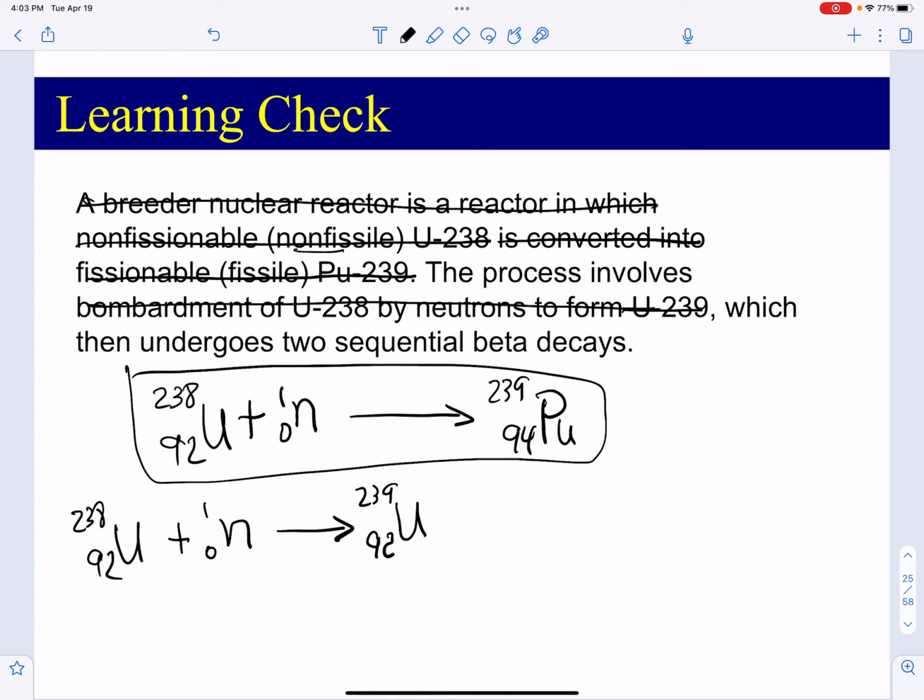So let me see if I can do this in the short notation. Uranium-238, which is my reactant, producing uranium-239. So I'm doing that with a neutron.